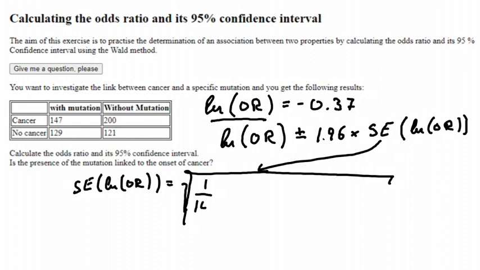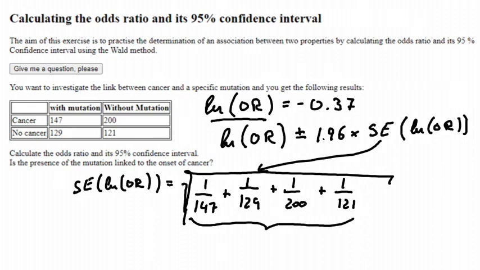So it would be 1 over 147 plus 1 over 129 plus 1 over 200 plus 1 over 121. And when we put these numbers into a calculator, we get the square root of 0.028, and this gives us 0.167.